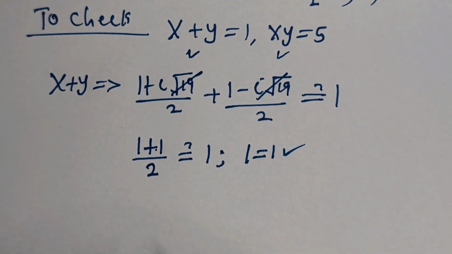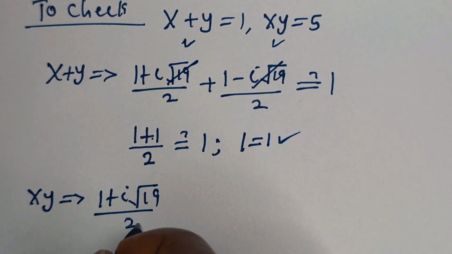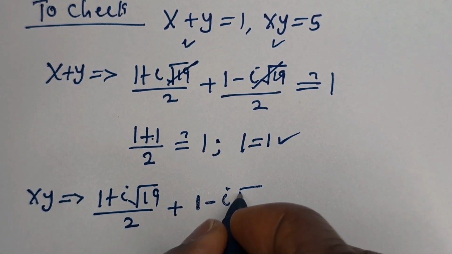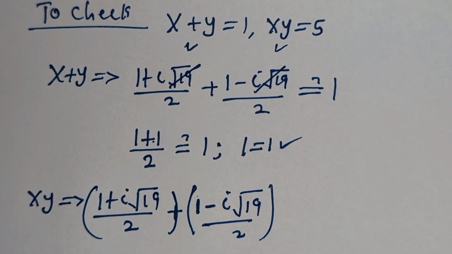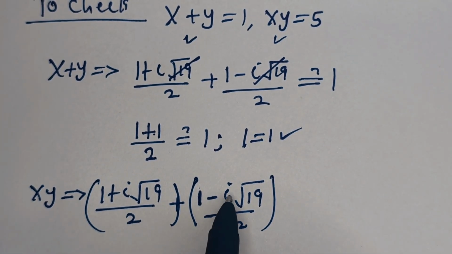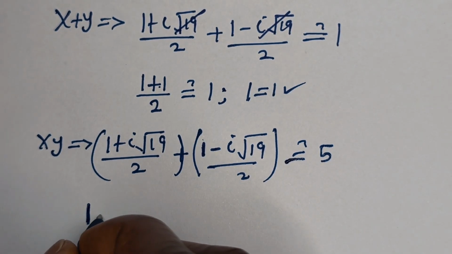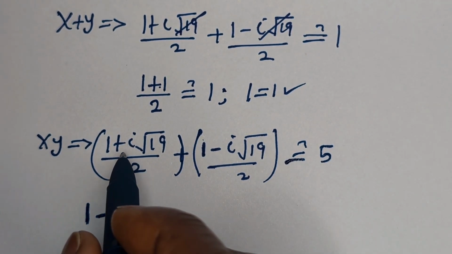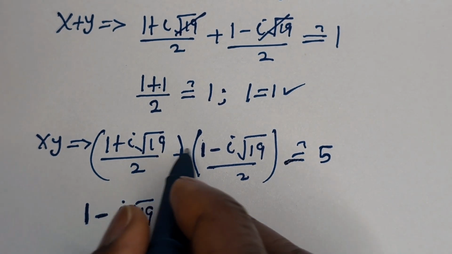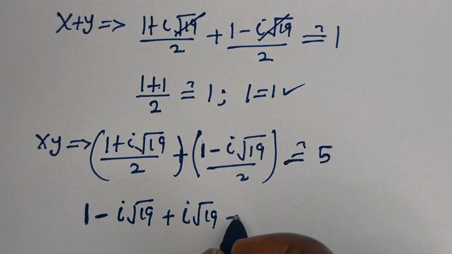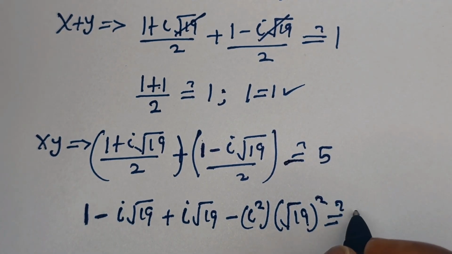Now let us consider sy. This is 1 plus i root 19 over 2 multiplied by 1 minus i root 19 over 2, must be equal to 5. 1 times 1 is 1, minus 1 multiplied by i root 19 is i root 19, plus here i root 19, minus i squared multiplied by root 19 squared, must be equal to 5.